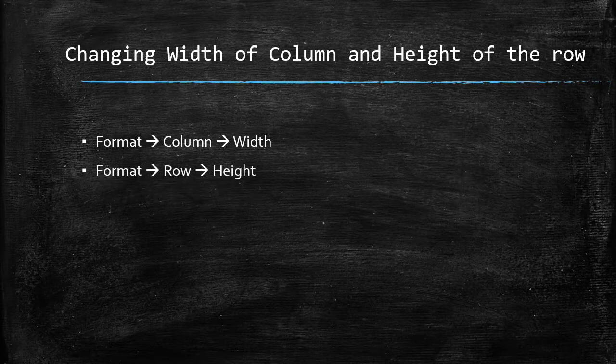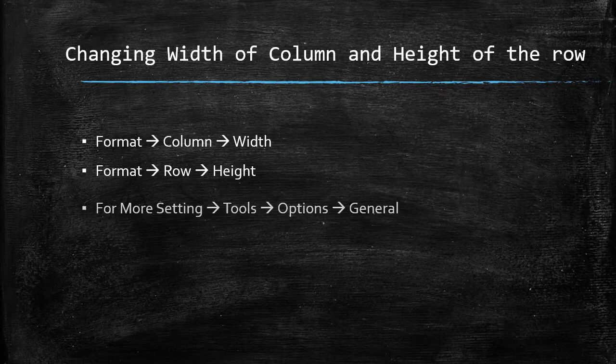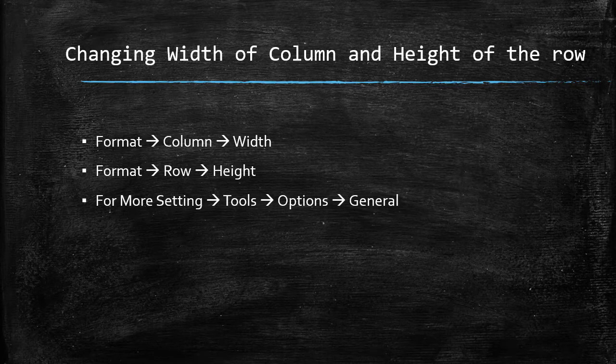Similarly, if you want to change the height of row, go to format menu, click on row and click on height and give a specific height for the row. Or we can go to the setting, then tools, then option, then general, then you can mention over there.